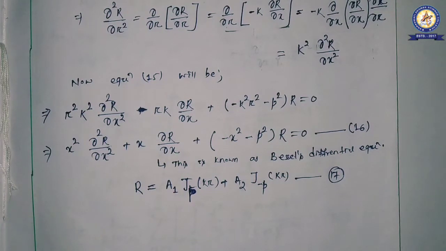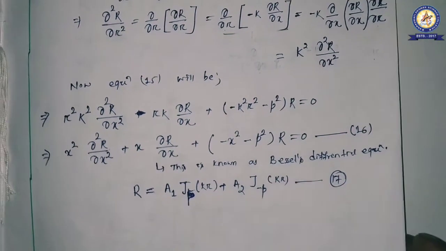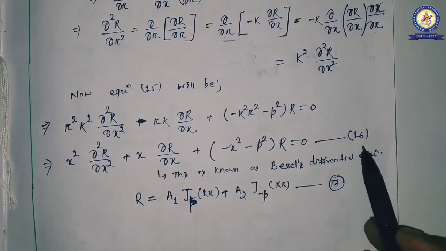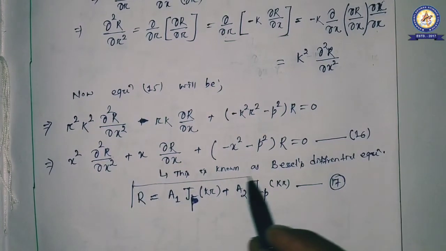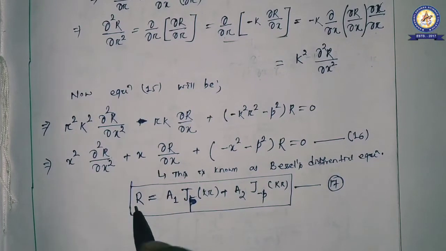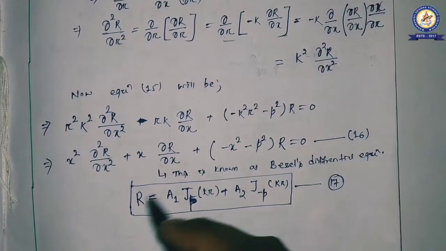So here we found three separate solutions for three separate differential equations. Equation 16 has its solution as this one, and this belongs to r, the radial part.